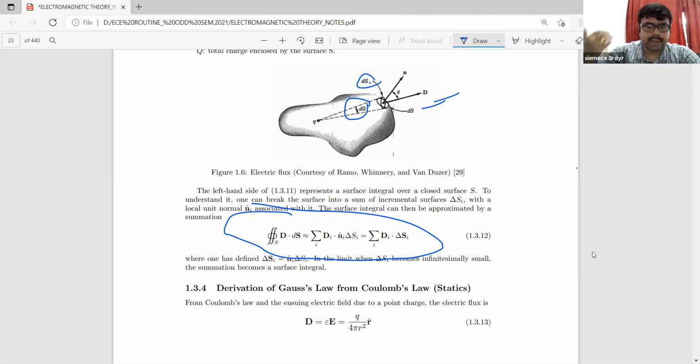So equation 1.3.12: the closed surface integral of D dot dS is approximately the summation over i of D_i dot delta S_i, where delta S_i is defined as n_i cap delta S_i. In the limit where delta S_i becomes infinitesimally small, the summation becomes a surface integral.